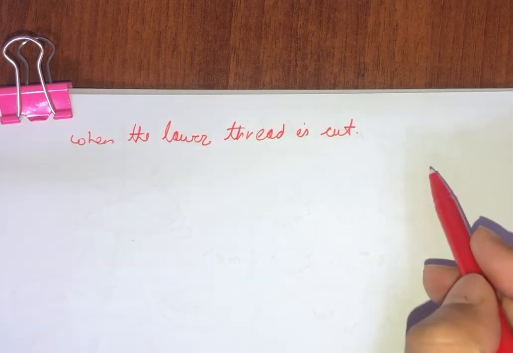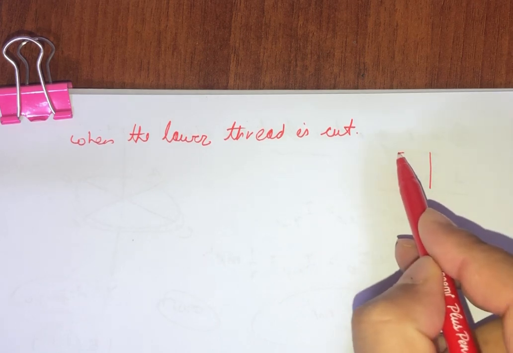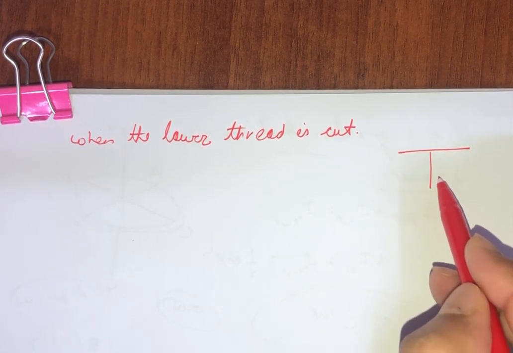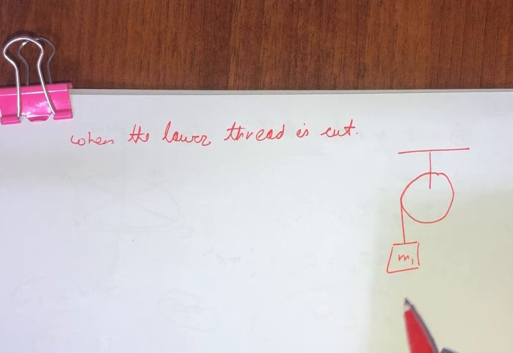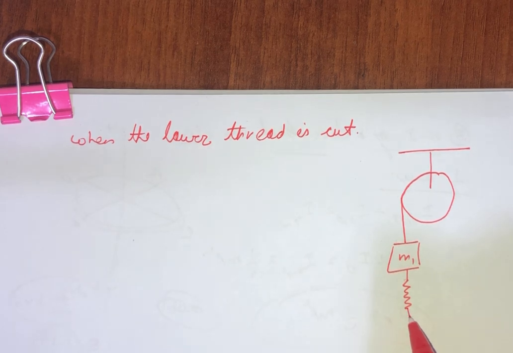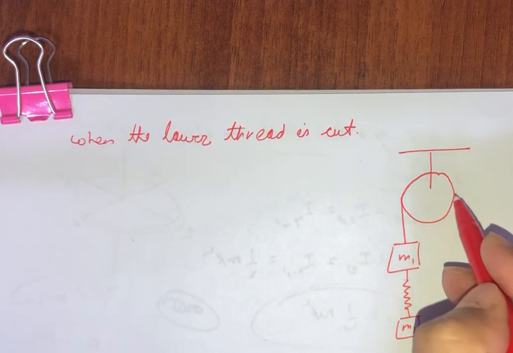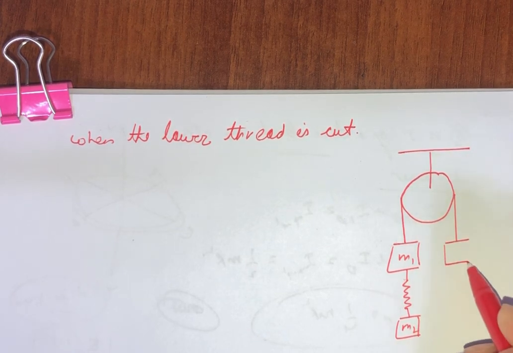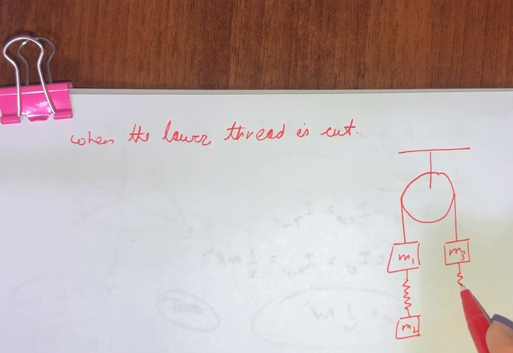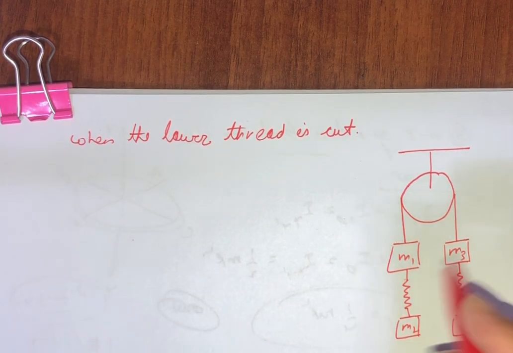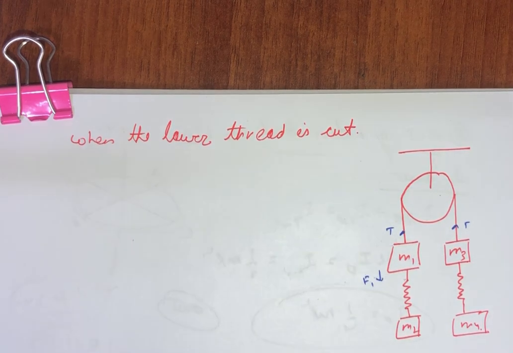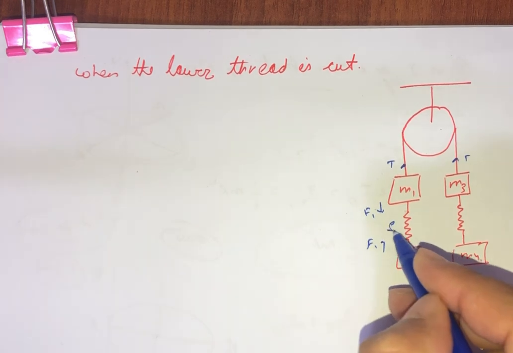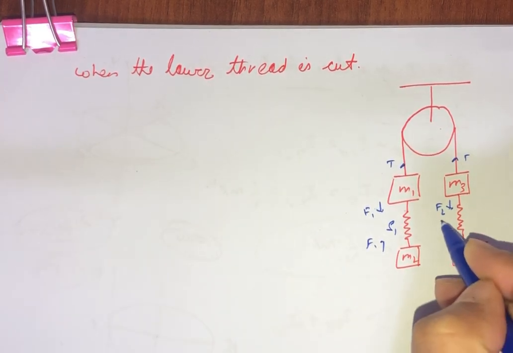let us draw the figure here. M1, this is a spring, this is our M2, and we have M3 and this is our M4, and we already know that the tension is T, F1, this is spring 1, and we have F2, this is F2 and this is spring 2.